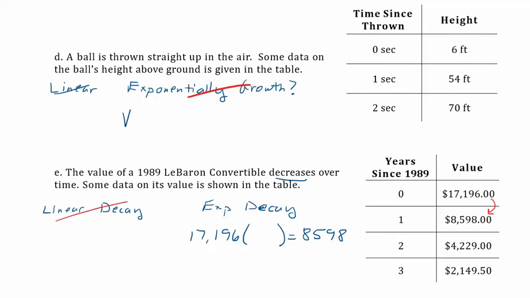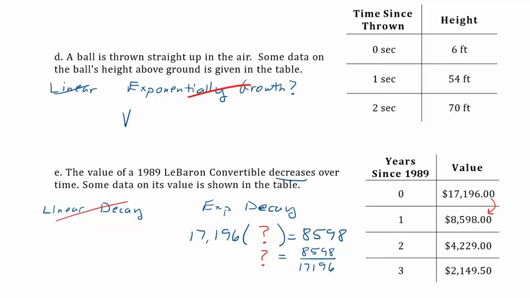We haven't really covered solving equations like this, but the way that you're going to figure it out is you're going to divide. Some of you that have had a little bit of algebra experience, this may start to ring some bells, but you're going to take 8,598 and divide it by 17,196. So let's do that.